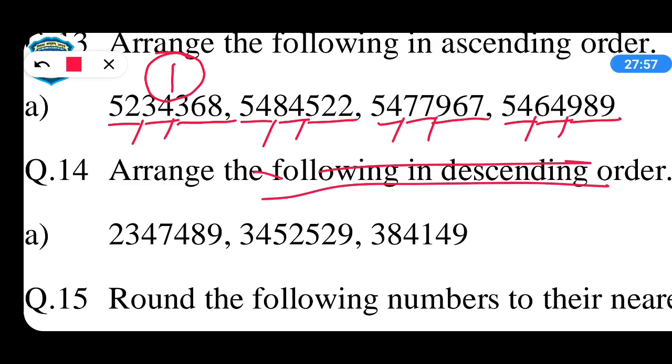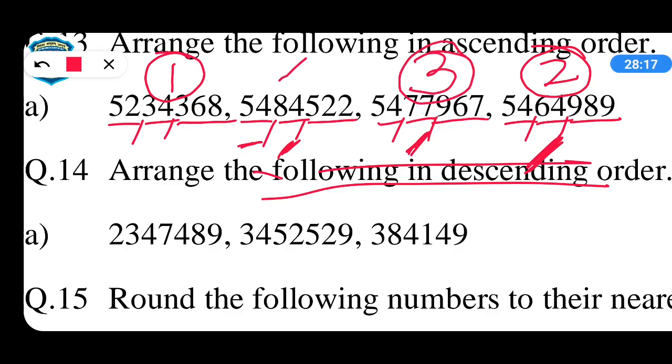Now among these three you have to find which is smaller. It is 54 lakh 84,000. It is 77,000. It is 64,000. Now which comes next? Yes, this number comes next. Now next, yes, 77. So this number comes next, and this is the greatest number among these four, right?